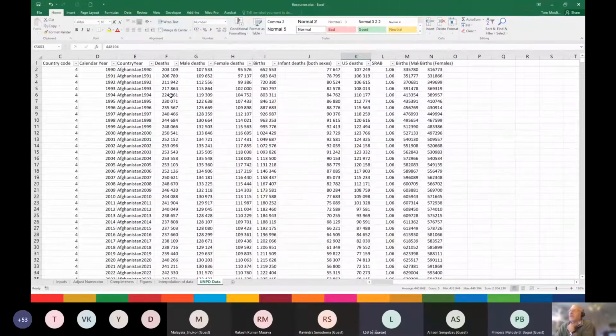So you don't need to go and find the UNWPP data: the total number of deaths, the male and the female deaths, which will sum to the total number of deaths, the number of infant deaths, and the under 5 deaths, which I've put a little flag there, is not entirely sourced from the UNWPP data, but is an approximation to what we think might be the case in those data.